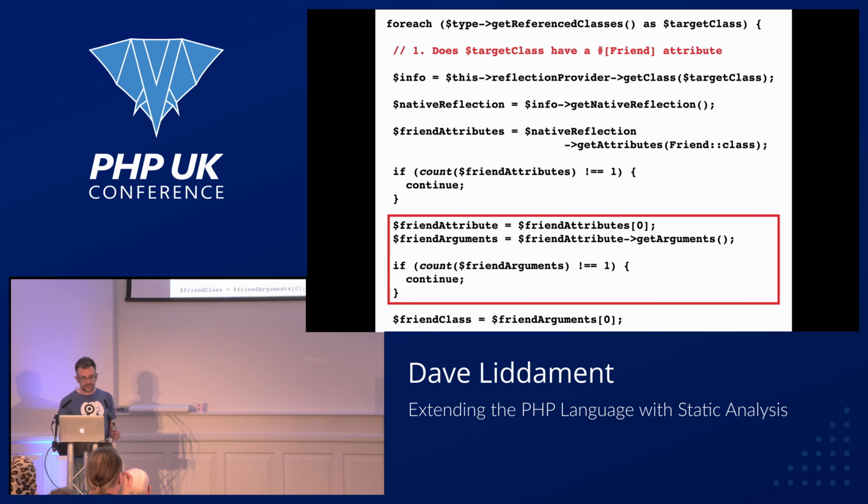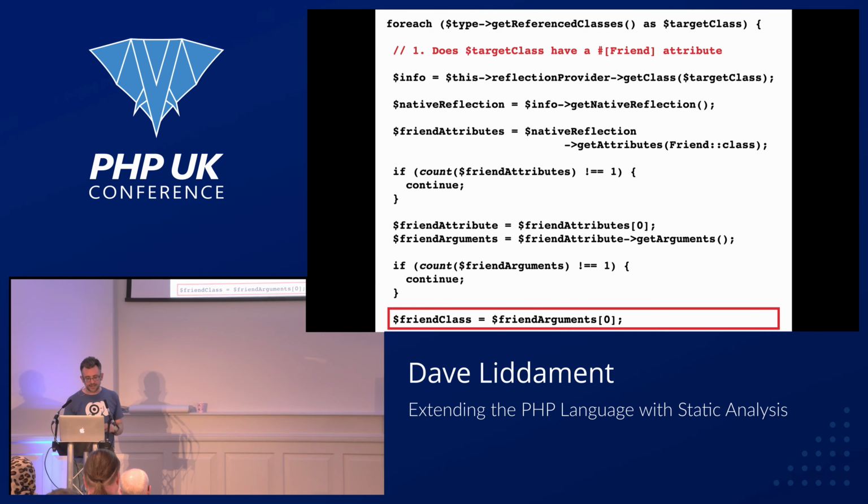And if it does have a friend attribute, then we get the first argument passed in to the constructor of the friend attribute. We've got a guard here so that if somebody didn't set this up with a friend, then we just again exit out of the loop. And then finally, I get the name of my friend.